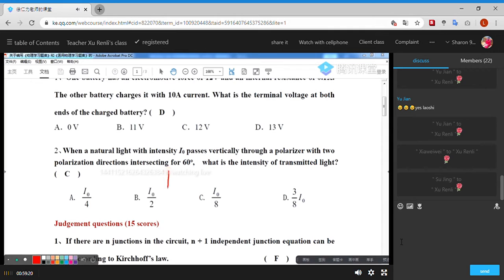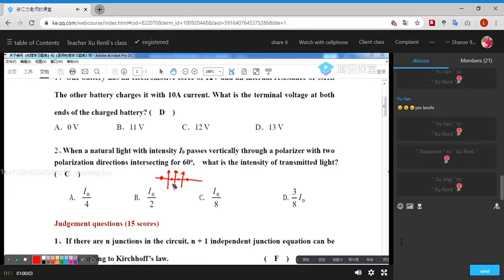When natural light, we can draw it on this diagram. Natural light has two polarization directions with no fixed phase difference.